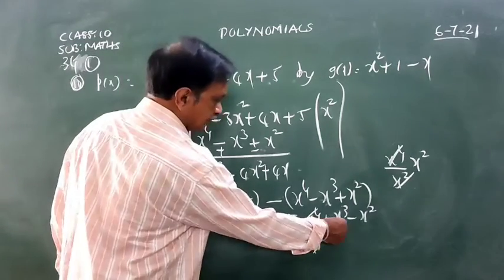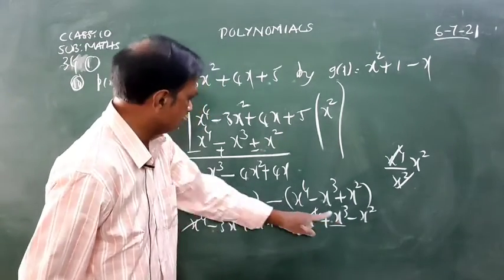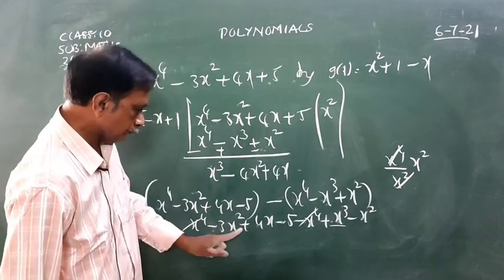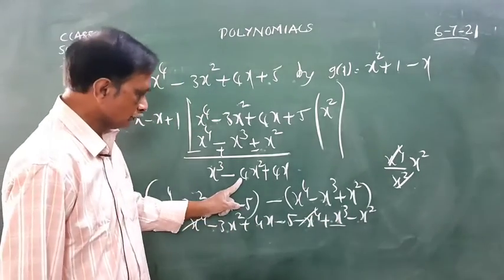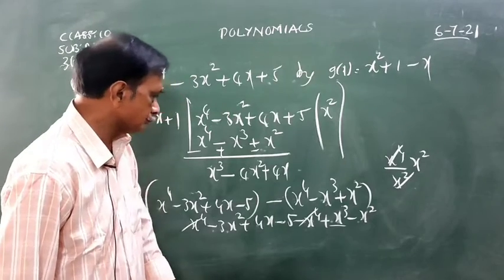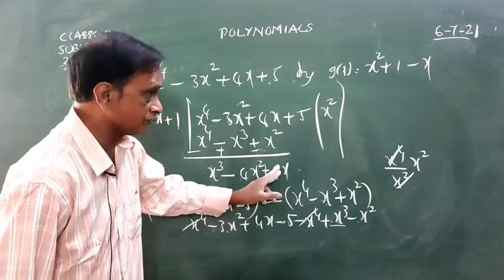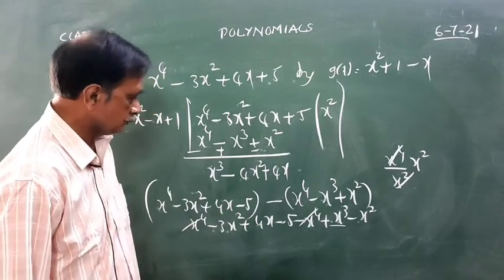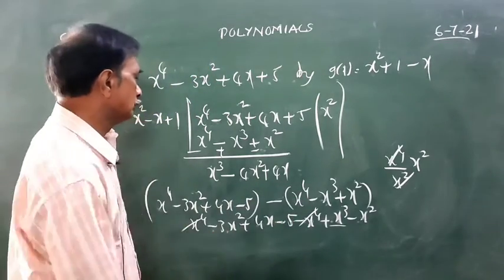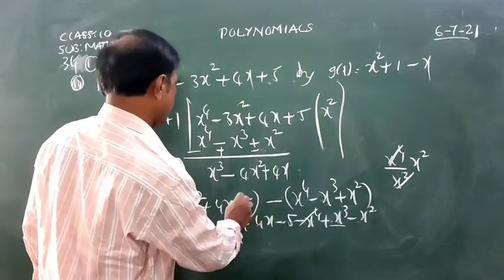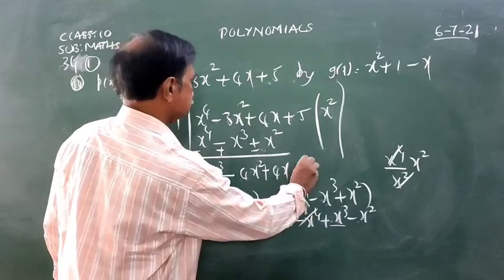Now the term containing the highest degree is what here? X cube. Now minus 3x square minus x square gives what? Minus 4x square. Next plus 4x. Next plus 5.